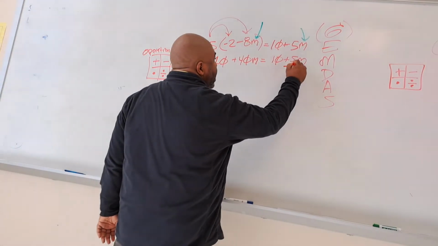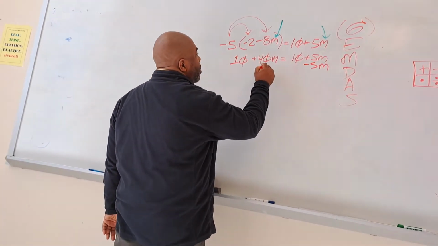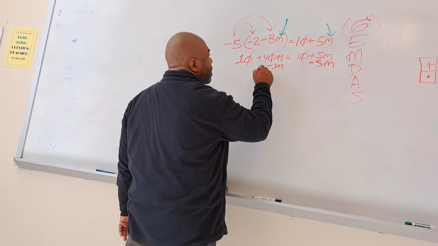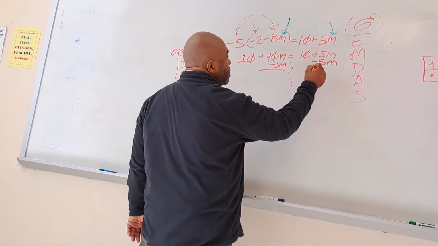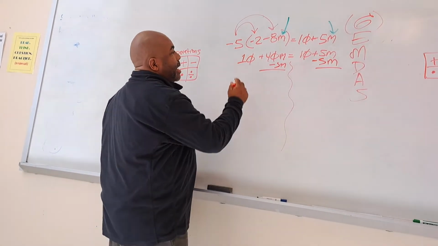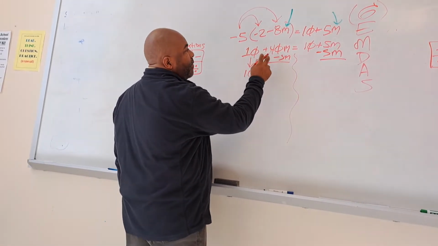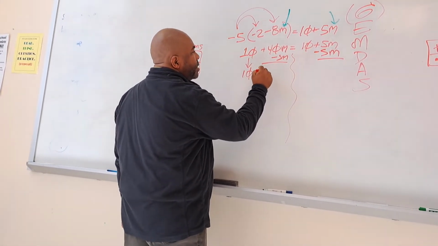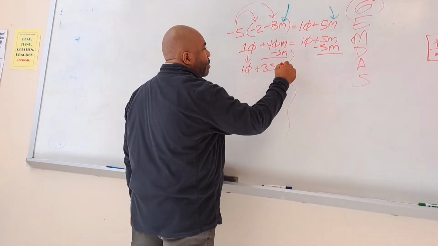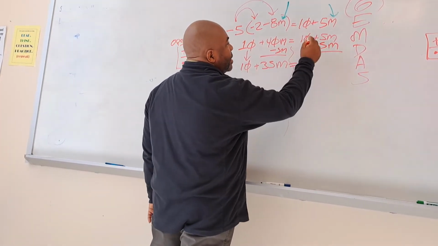So I'm going to put -5m on both sides of the equal sign, because remember, there's a little thing there. All right, so I'm going to bring down my 10. So 40 minus 5 gives me 35m, equals 10.